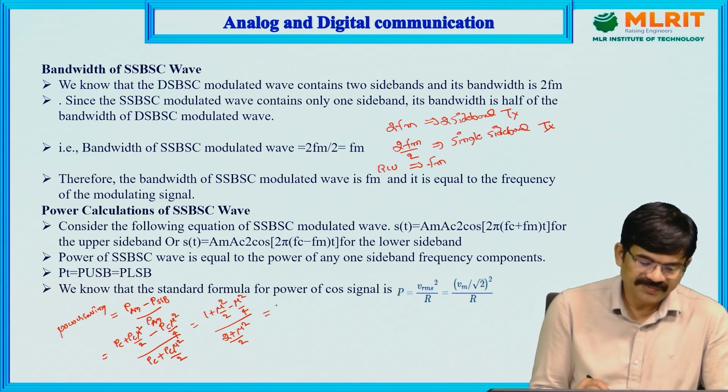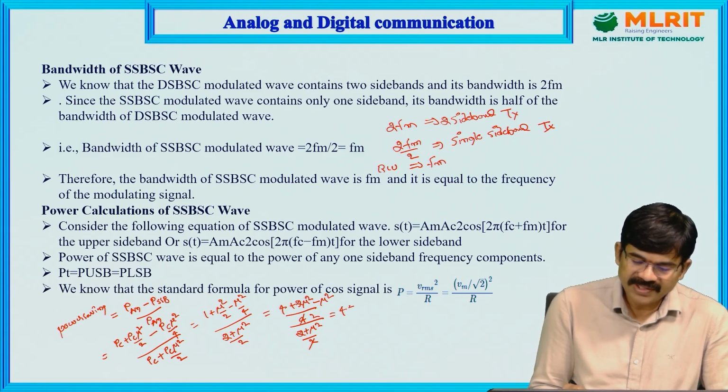Simplifying, (4 plus 2 mu square minus mu square) by 4 divided by (2 plus mu square) by 2. The 2 and 4 cancel.